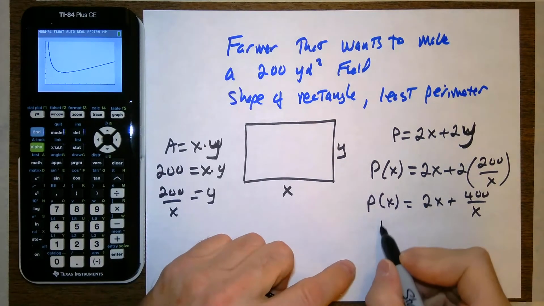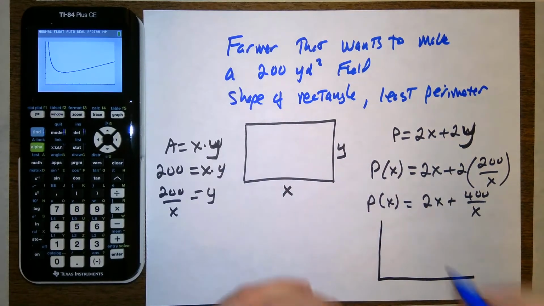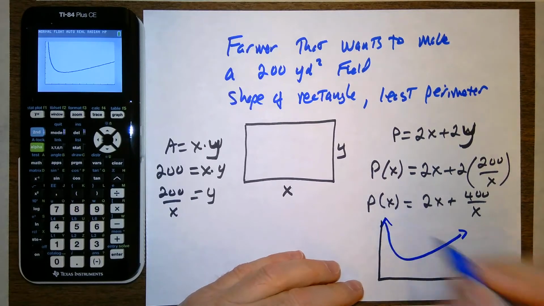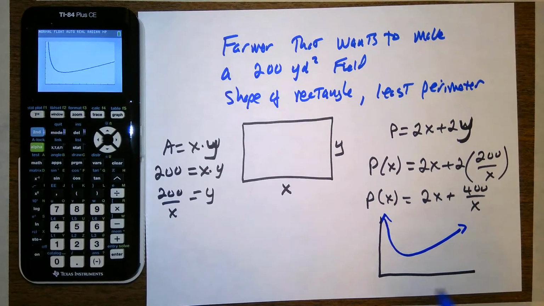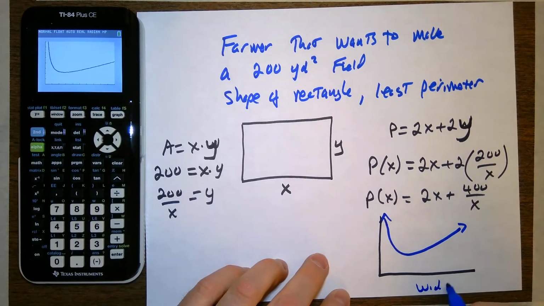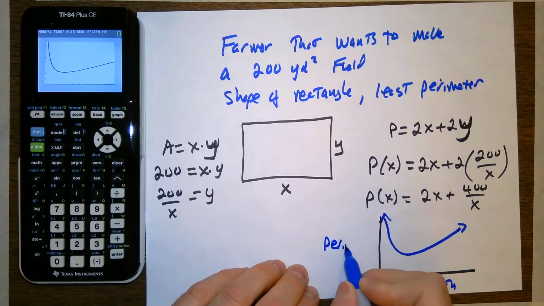Now here's the graph that we're seeing. And why are we seeing this? We're seeing something that looks like this. The x down here represents the width of the field. The y value, p of x, represents the perimeter.